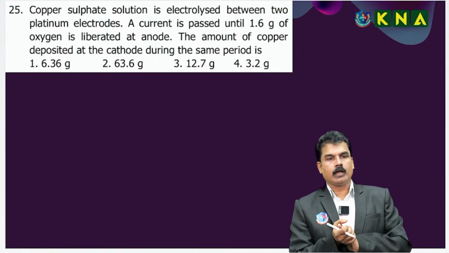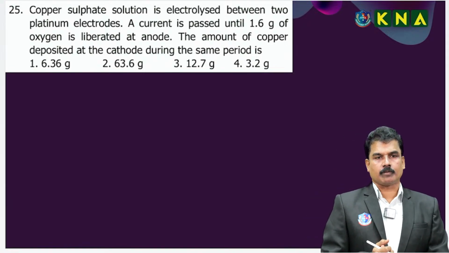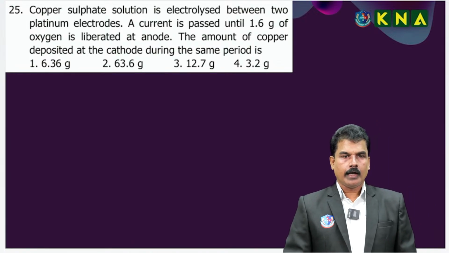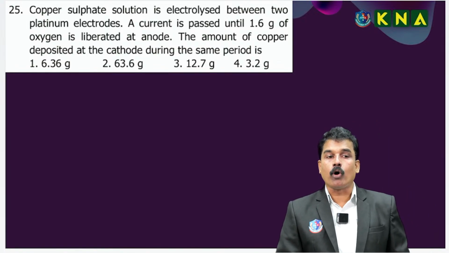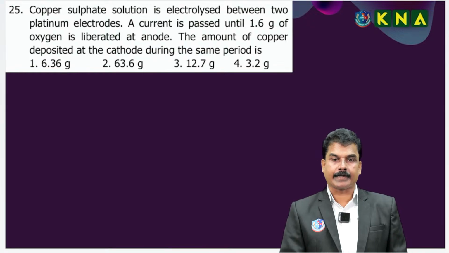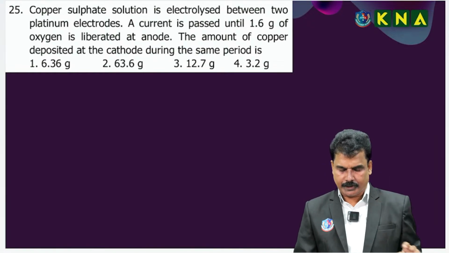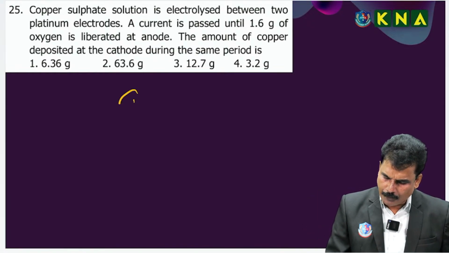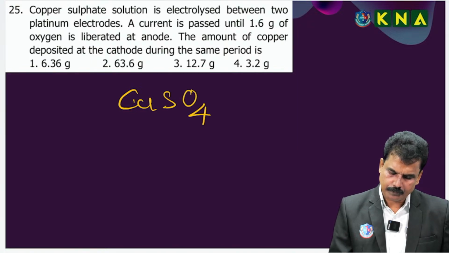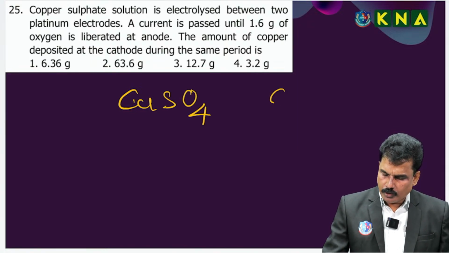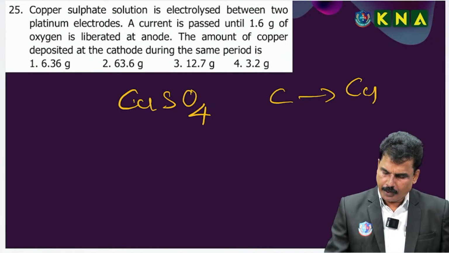Okay, next one. Copper sulfate solution is electrolyzed between two platinum electrodes. A current is passed until 1.6 gram of oxygen is liberated at the anode. We are electrolyzing copper sulfate solution, so at the cathode, what will deposit? Copper.